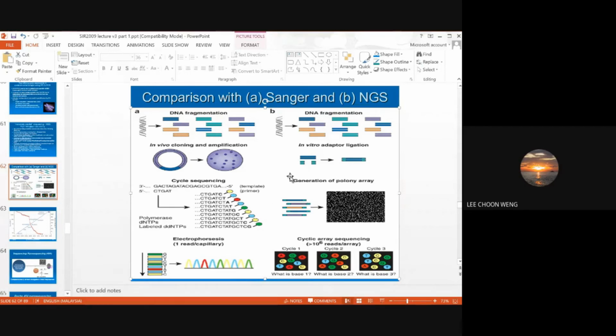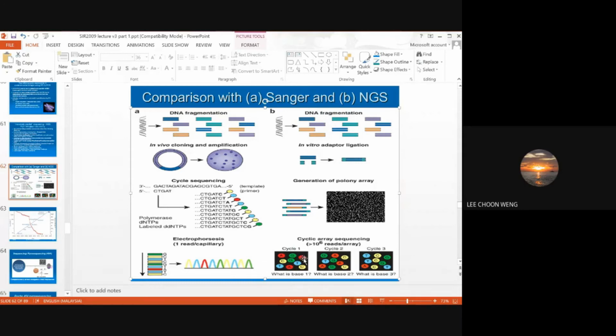However, for NGS, all these are linked onto a glass plate. Each dot that you see now is a polony. You have to amplify it to become a polony, so that whatever incorporation of a nucleotide occurs, you are able to see the color clearly. The camera is able to capture it.